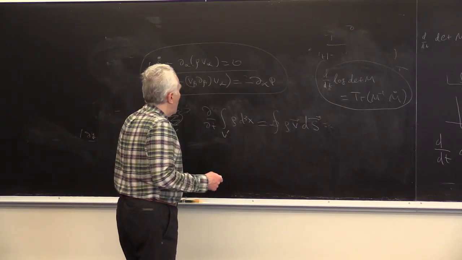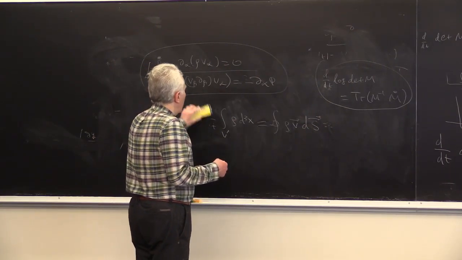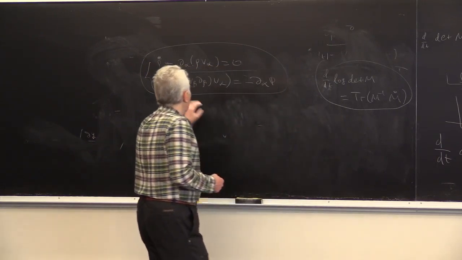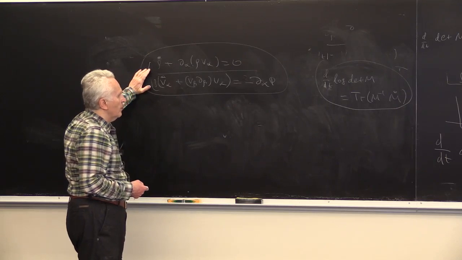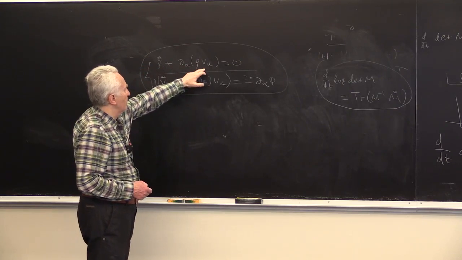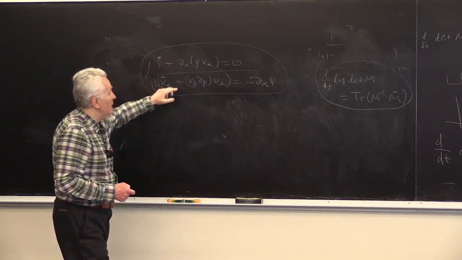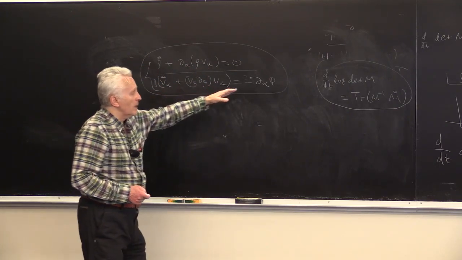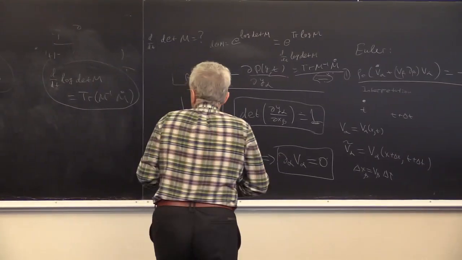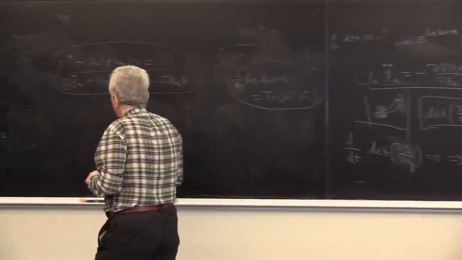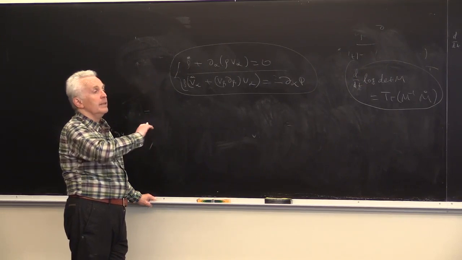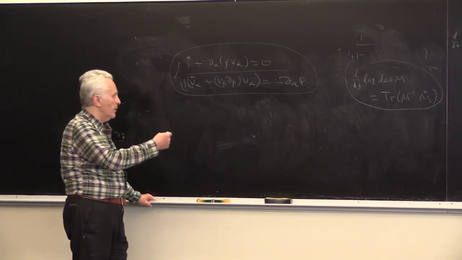Okay, so now we still need one more equation, because now we have, for a compressible fluid, three components of velocity, we have density, and we have also pressure. And here you assume that the fluid is in thermodynamic equilibrium.